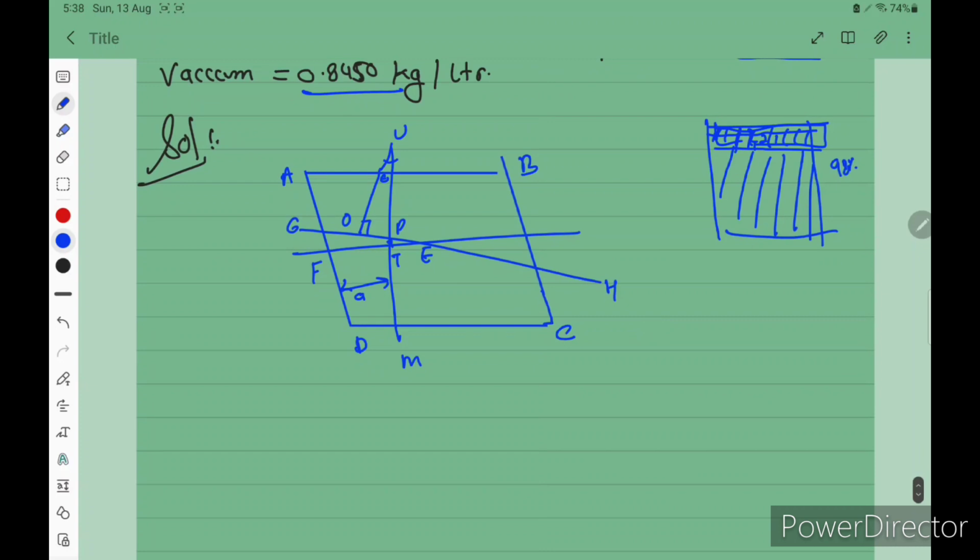Okay, trim by stern, and we have the UTI measuring tape. So this is the first diagram. Now we have the height of free space. Okay, so let's solve this question.